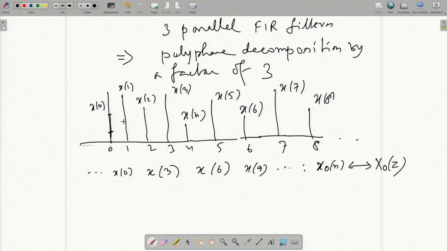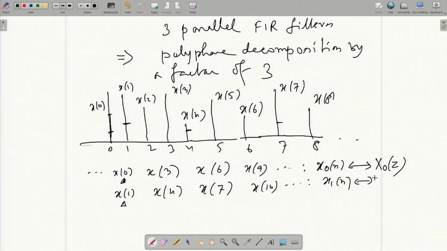Then if you take sample 1, then go ahead by 3 to 4, then go ahead by 3 to 7, and put them side by side, x 1. Let me put a notch here to indicate this is time origin. So, again notch time origin, x 4, x 7, x 10, like that. This will be called x 1 n. This is the first polyphase factor.